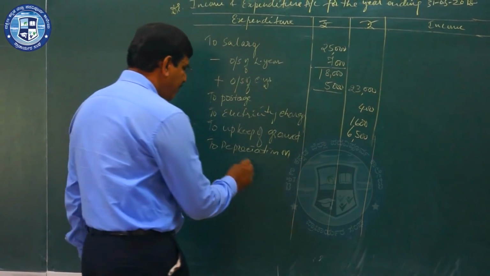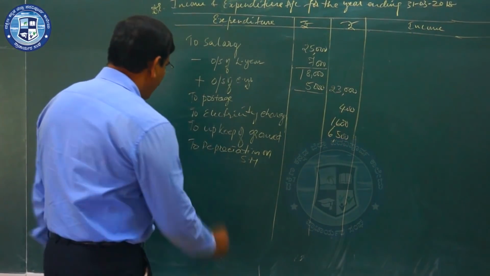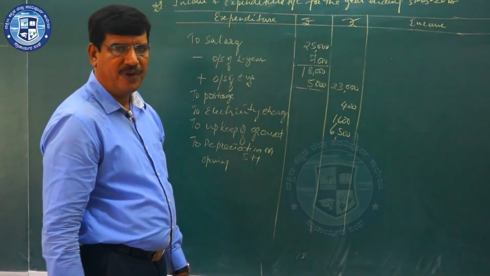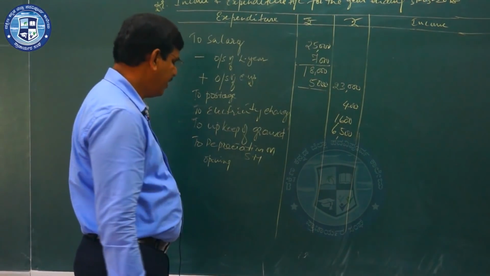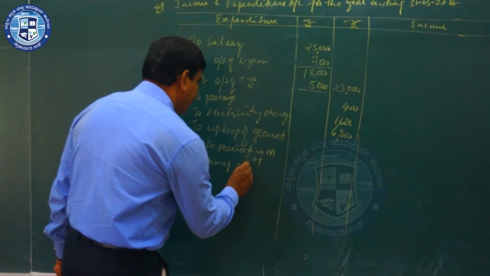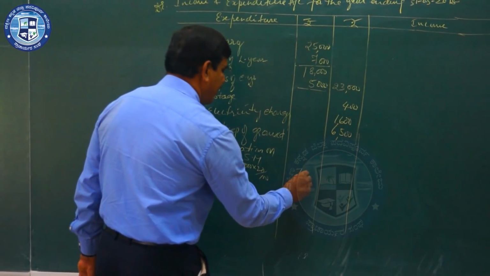The next item is depreciation on sports material, which is given in the adjustment. On opening balance, you have to calculate 20%. It will come to around 35,000 into 20%, it will be 7,000.